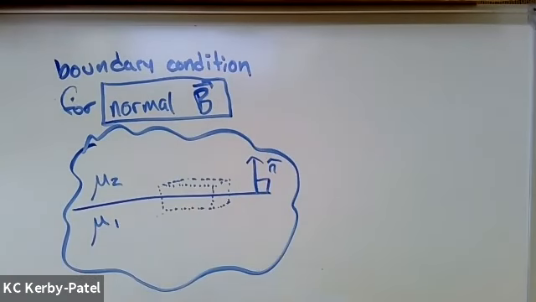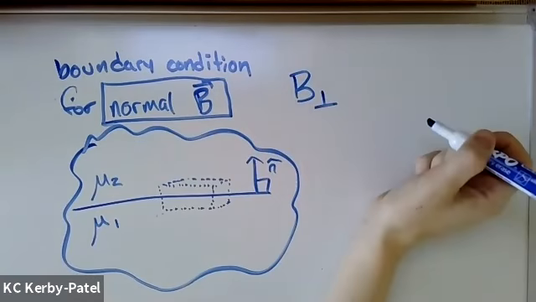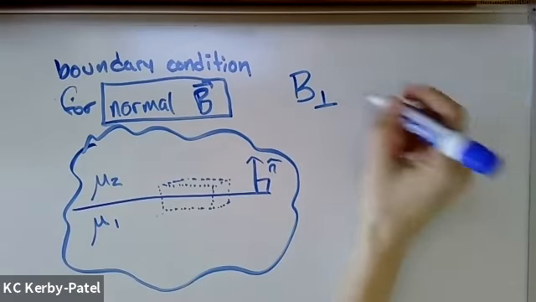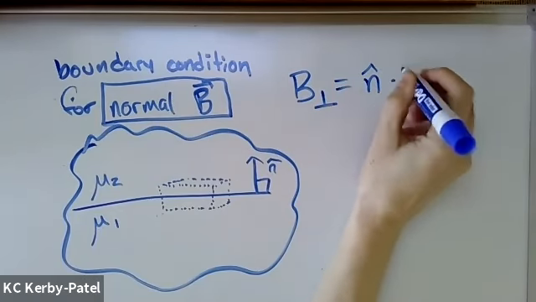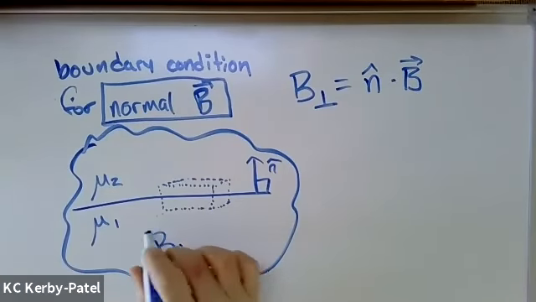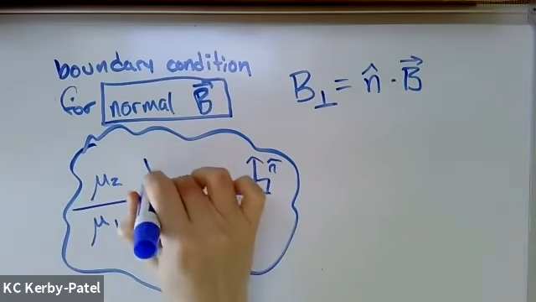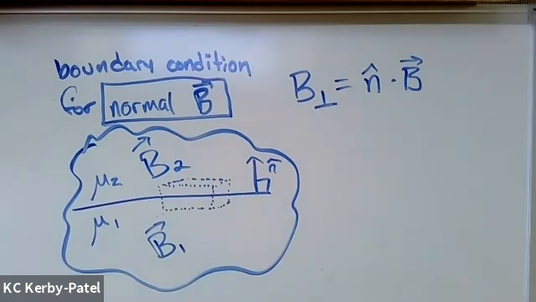I'm going to name this B perpendicular. B perpendicular is equal to n hat dot B. And I've got B1 in this region and B2 in this region.